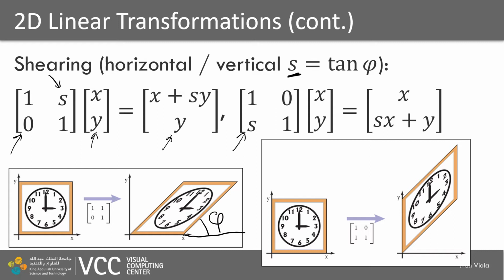The same holds, we will again have the factor s be tangent phi. So we can predict how much this factor will change the geometry in terms of shearing.